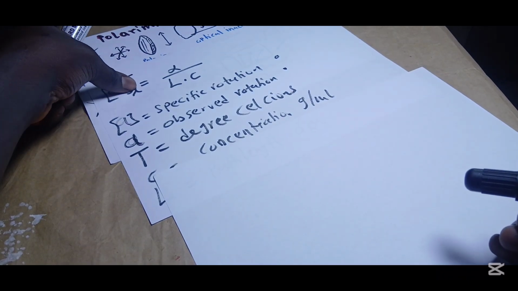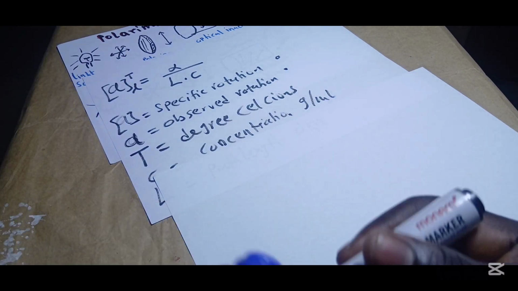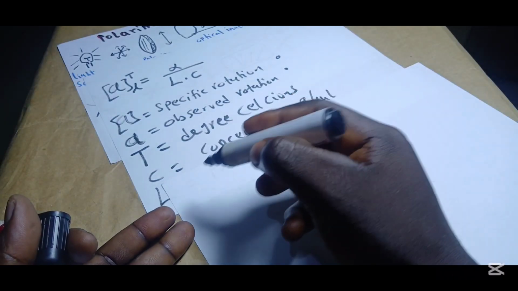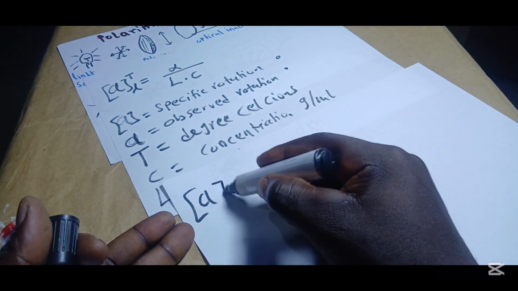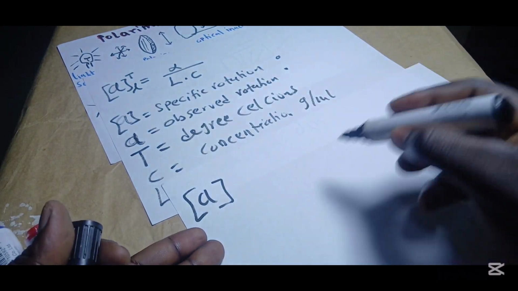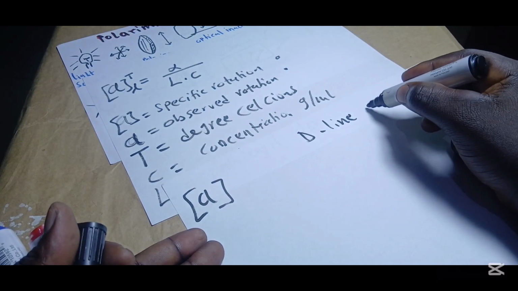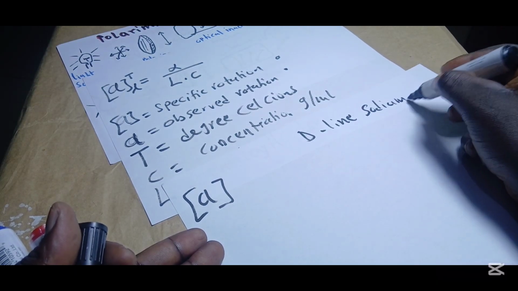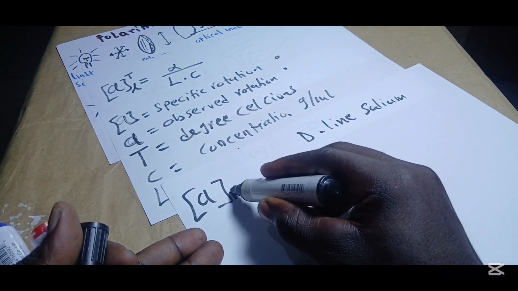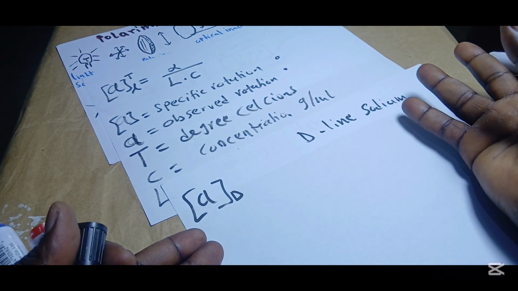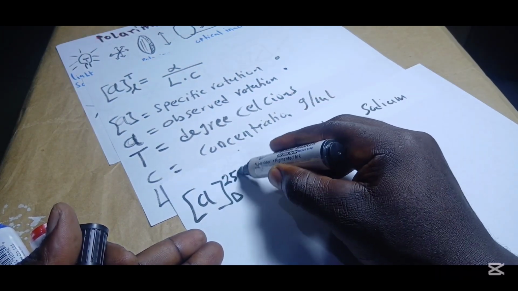Lambda is the wavelength of the light source that we are using. Generally, we use the sodium D line as our light source. So this lambda can be represented by D, and we use that light source at 25 degrees Celsius.